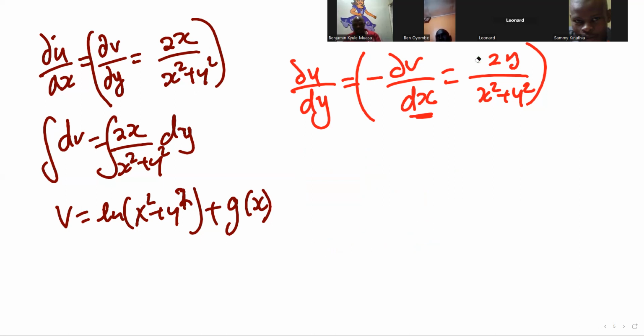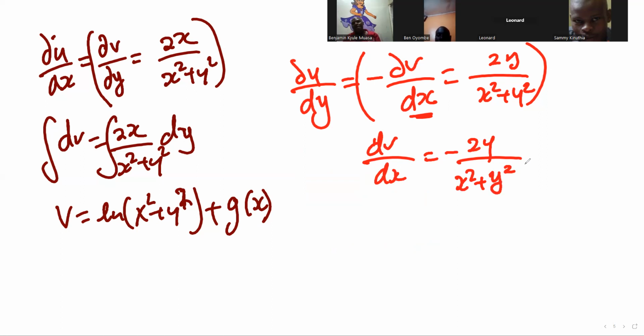So this was okay, it was like that. There's a small mistake that we made here. So you can have this: our dv over dx is equal to minus 2y over x squared plus y squared, like that.